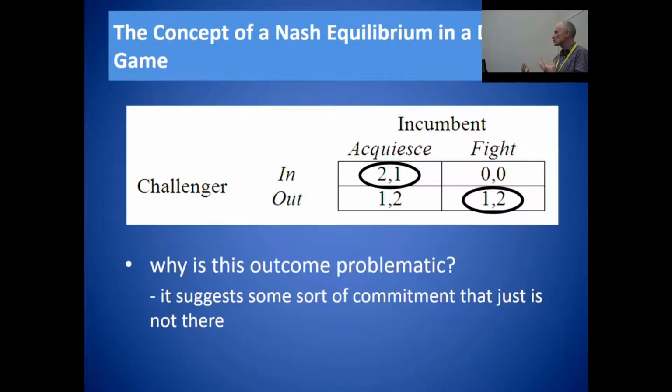It suggests that the incumbent firm has committed itself to fighting. Well, when I set up this game, I didn't say that there was any commitment at all to fight. And yet, for that outcome here to be a Nash equilibrium, that is what is implicit.